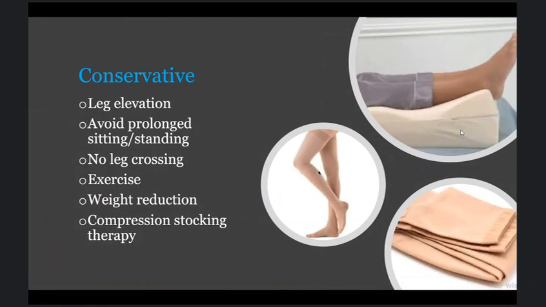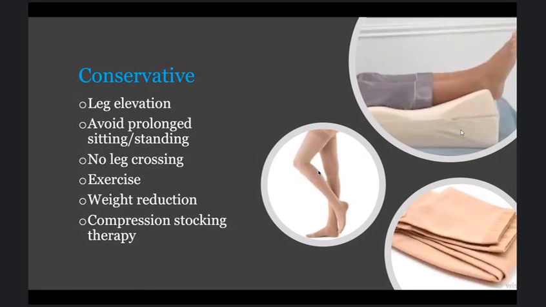But the conservative measures do not treat the varicose veins. When the patient follows the conservative measures, he will not get rid of the varicose veins. He may only get some comfort from the symptoms.